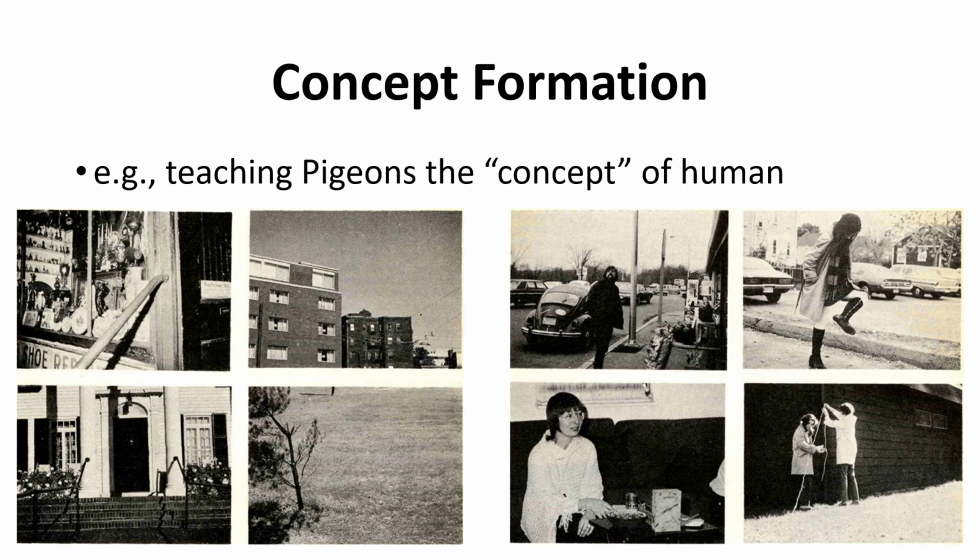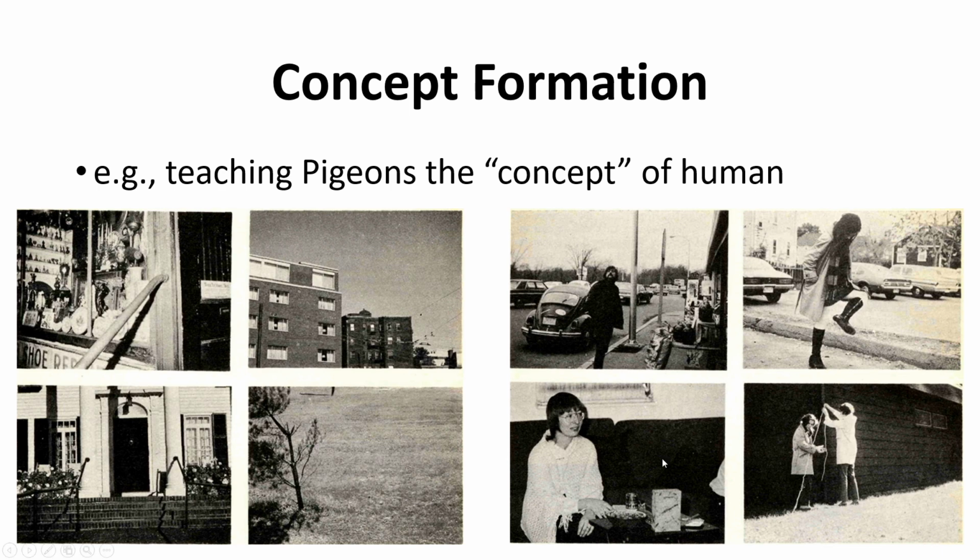So if we stick with pigeons, there's lots of really cool discriminative research with pigeons that looks at how they form concepts. So, for example, you can teach pigeons the quote-unquote concept of human. Basically, you can set up an operant experiment where instead of a red and a green light, we have pictures that do or don't contain humans.